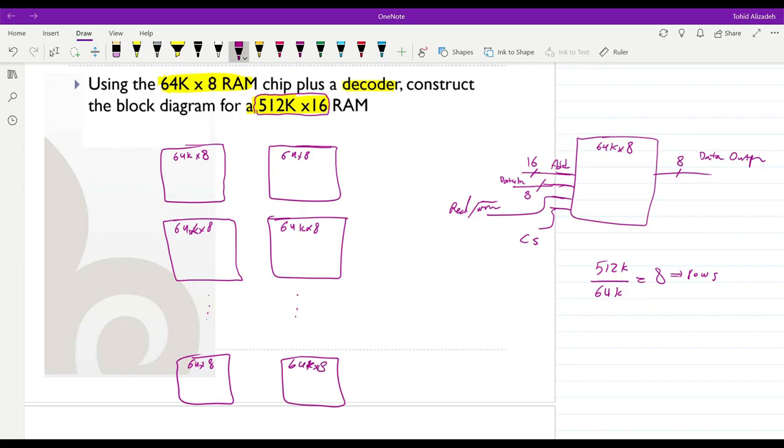For the chip select, we need to connect the chip select inputs of the ICs in the same row to each other, so they get selected at the same time.